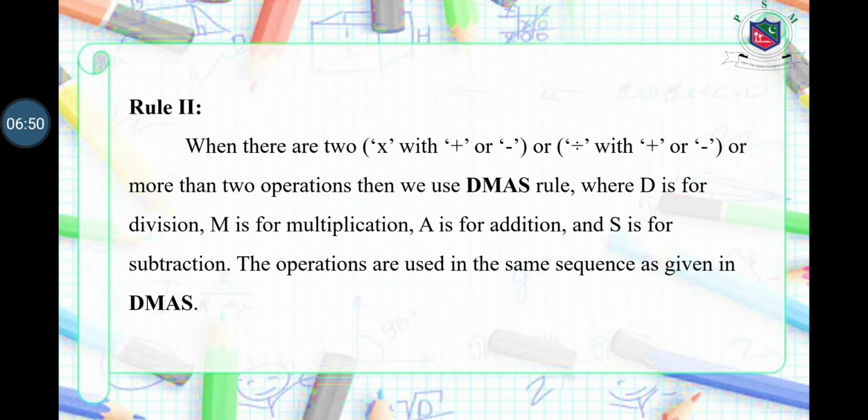The operations are used in the same sequence as given in the DMAS. Like first of all, we have to solve division, then multiplication, then addition, and at the end, subtraction.